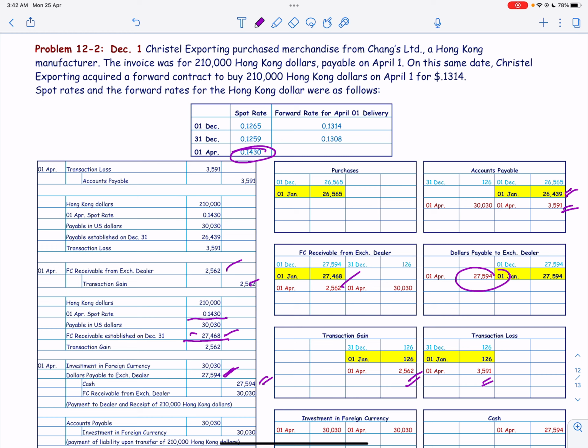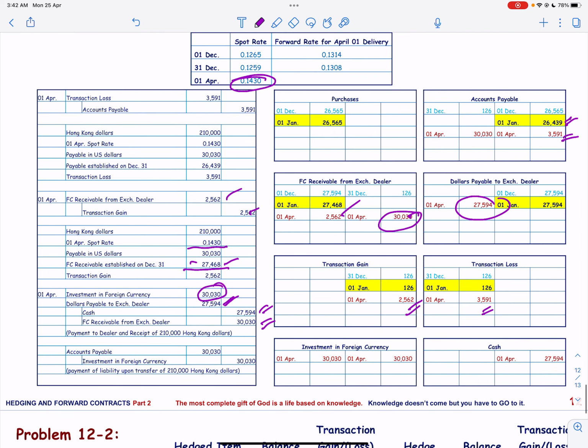Next, the forward contract receivable from exchange dealer will be replaced by investment. So forward contract receivable from exchange dealer is credit by 30,030 and investment is debit by 30,030. At the same time, the investment account will be replaced by accounts payable account and now investment account and accounts payable are gone.